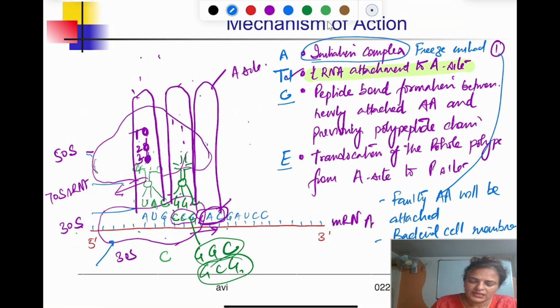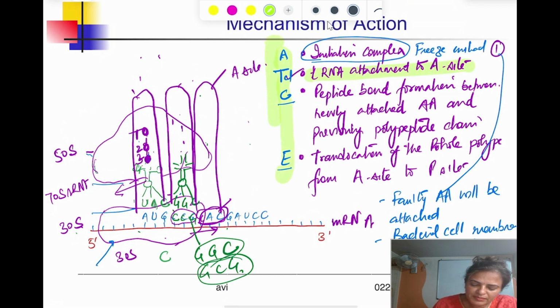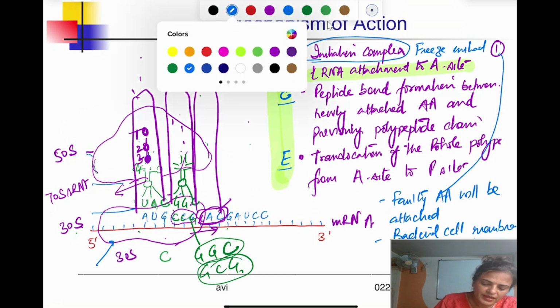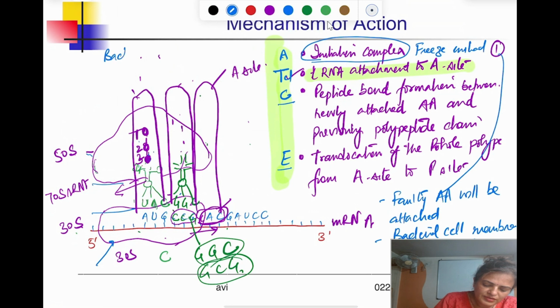All these that I have told you here, A, T, C, E, act by inhibiting the bacterial protein synthesis. They are mainly bacteriostatic drugs, except aminoglycoside.